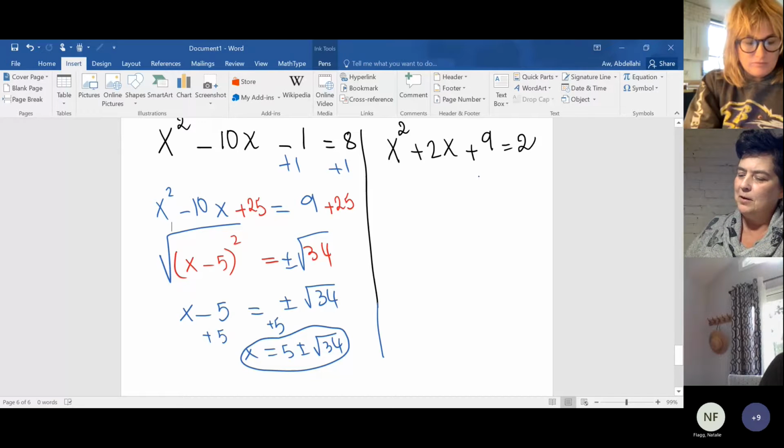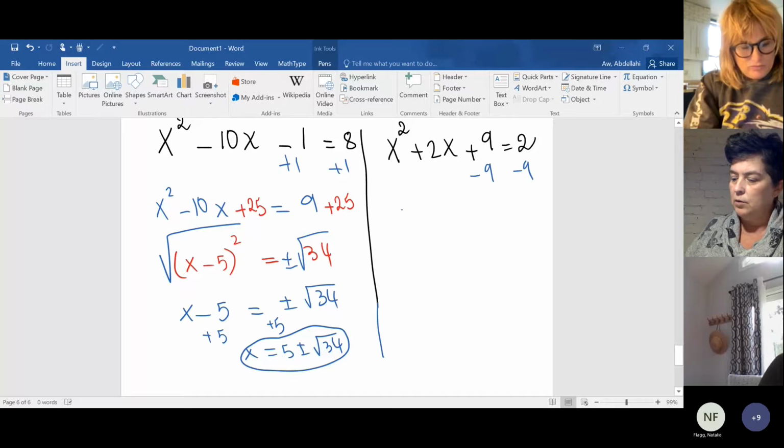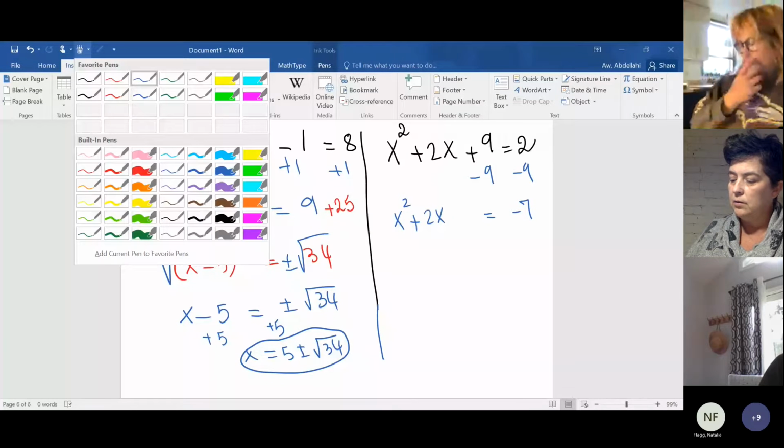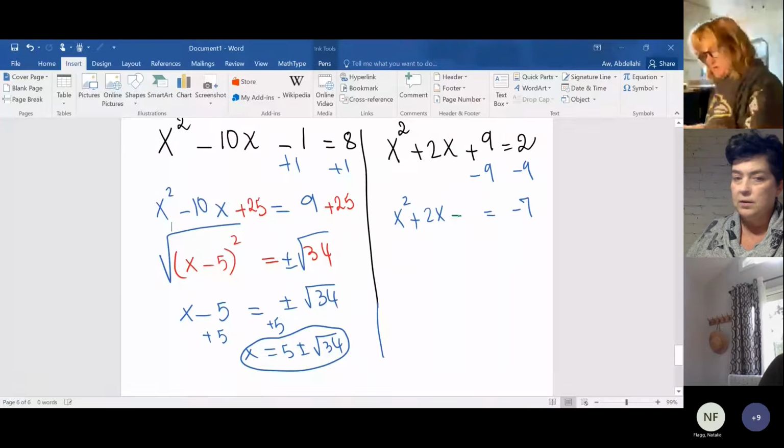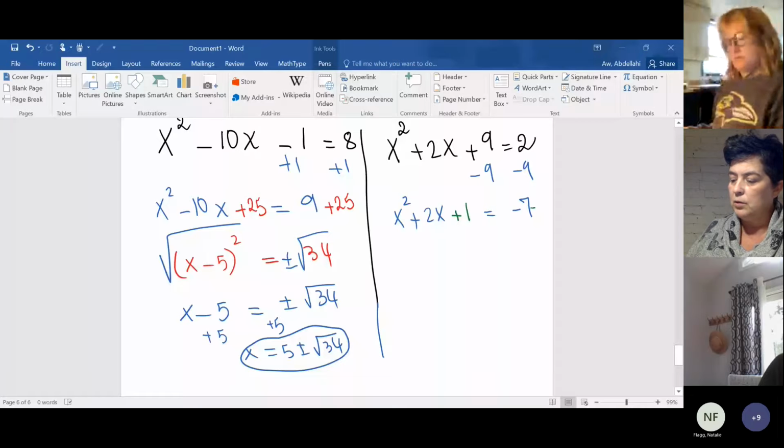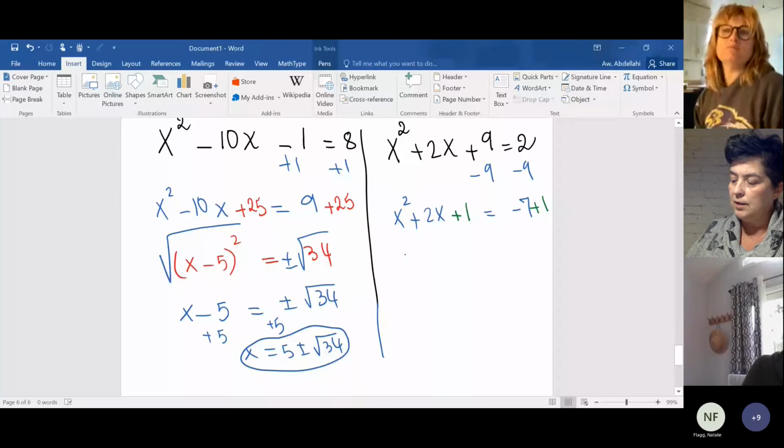You subtract the 9 from both sides to start, which gives you x squared plus 2x plus the box equals -7. We're adding 1 to both sides, so the second part will be x plus 1 squared equals -6.